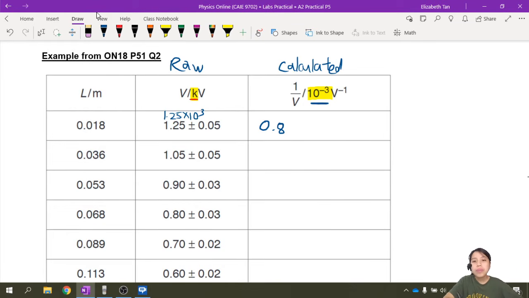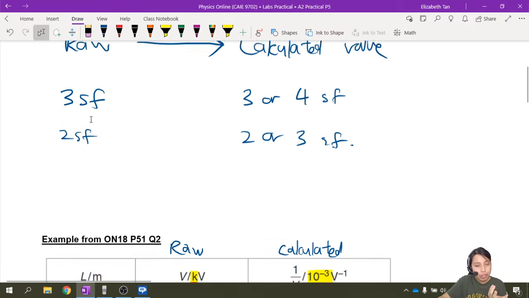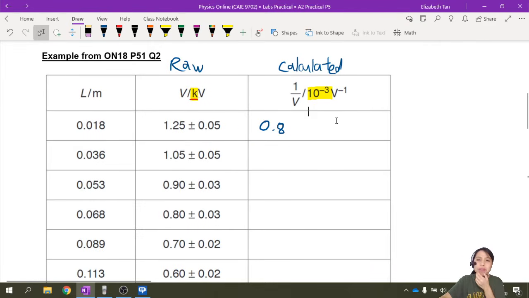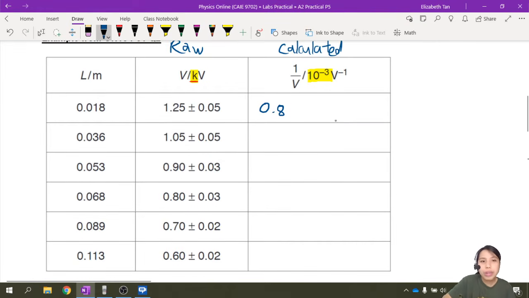So that's all. Now the SF, the important convention. Just now I said that you follow paper 3, right? If this is 3 SF, you can do 3 or 4. So if you are writing your convention here, what you can do is write down this is 3 SF. How do I know? 1, 2, 5. 3 SF.